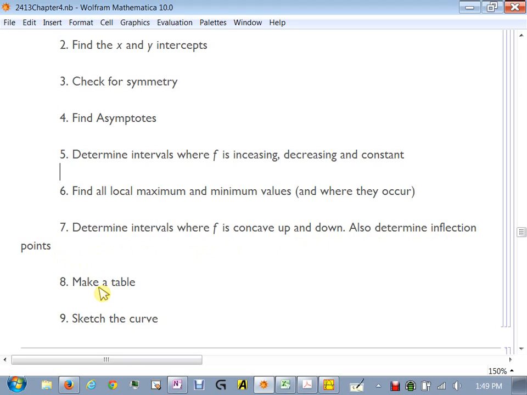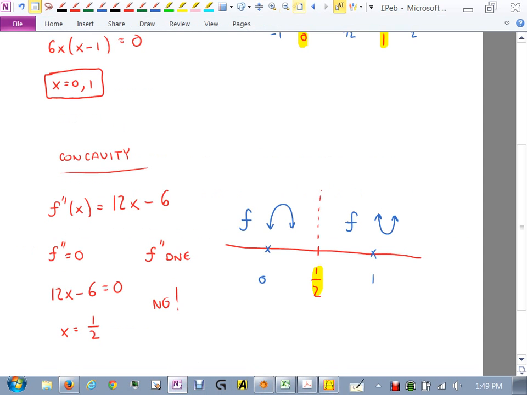Now the table time. This is kind of a big deal here, all right? This piece right here. Because everything I have done up to this point is stuff we've already done, except for the beginning, which was domain, symmetry, x-intercepts, y-intercepts. We did that in classes before this. So this is where we put it all together.